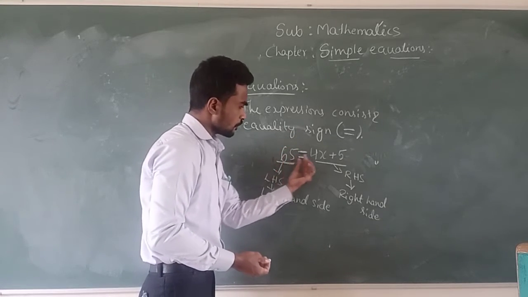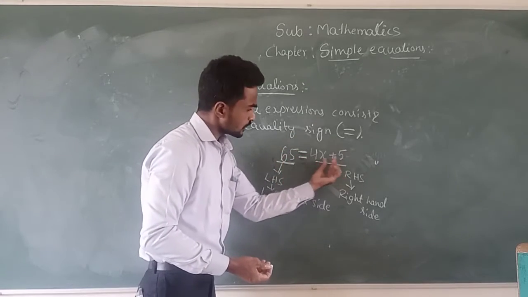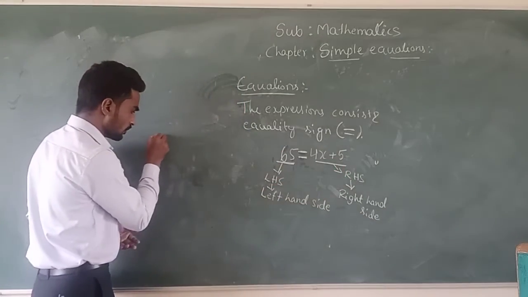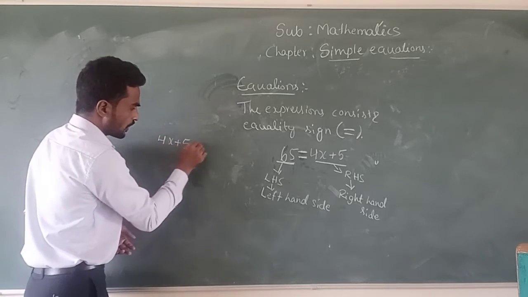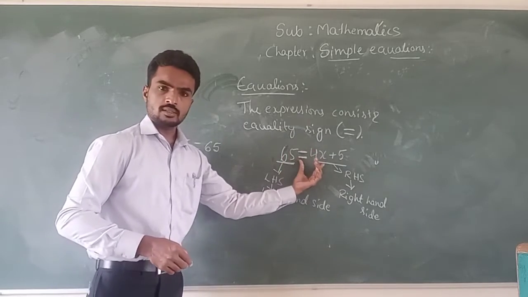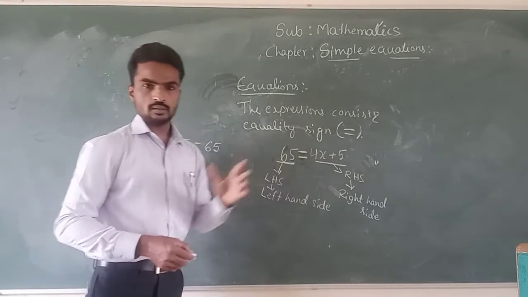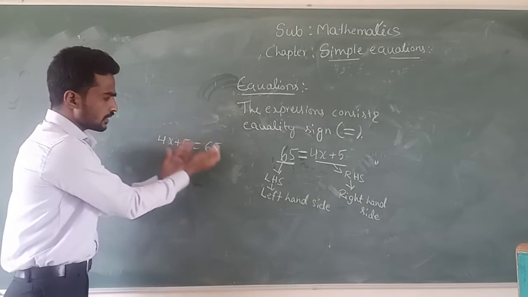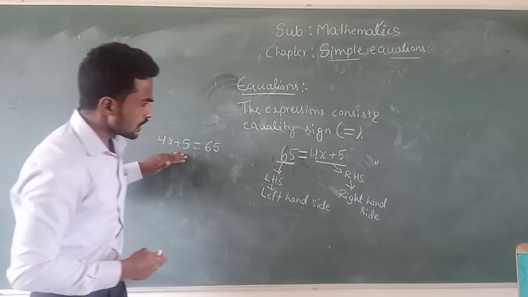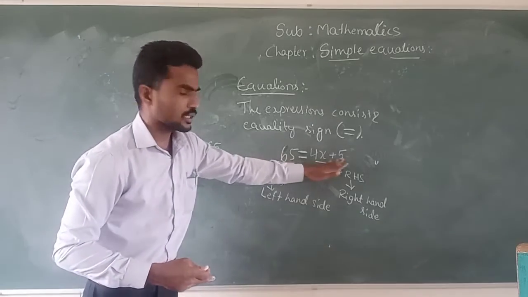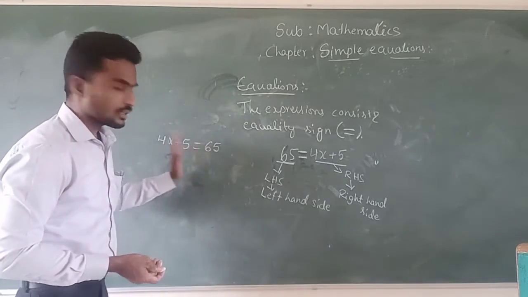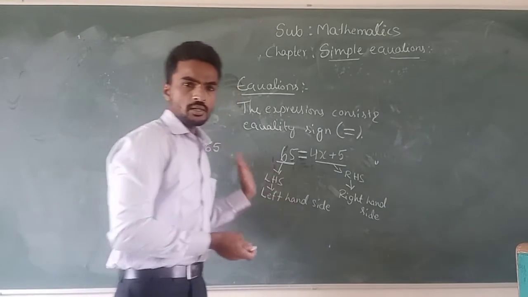We can write 4x plus 5 is equal to 65. Both are the same equations, but LHS and RHS are only interchanged.